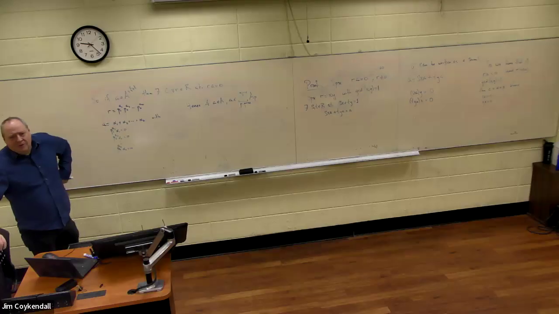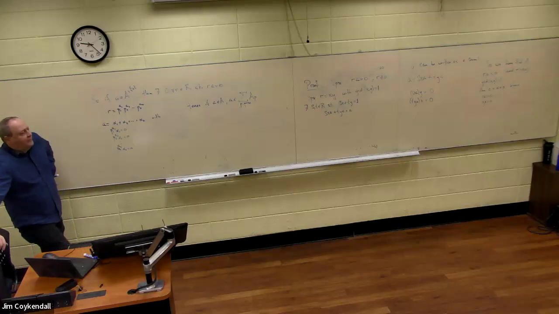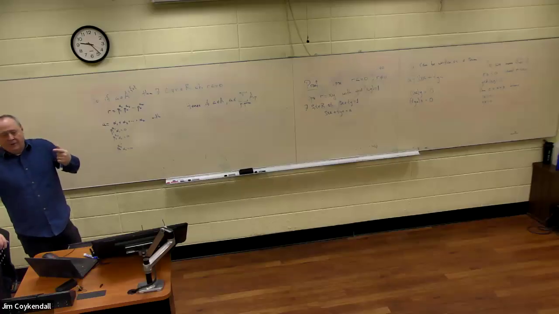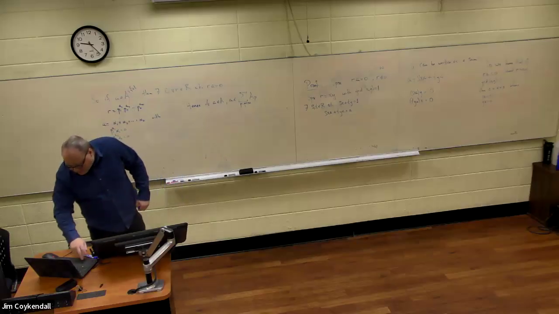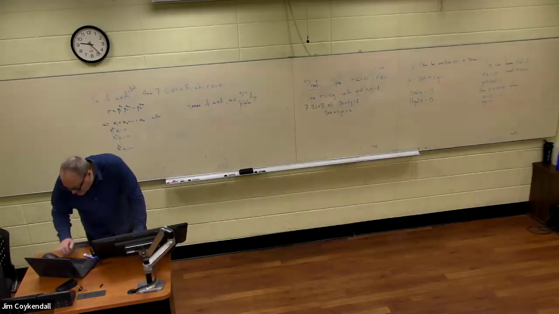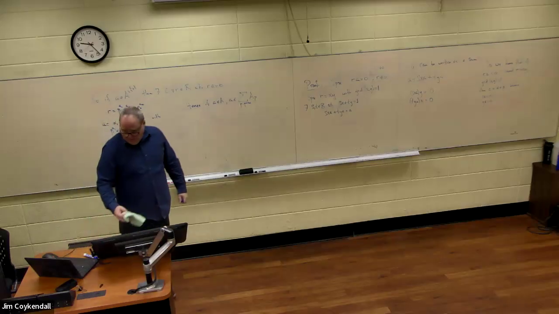The rest of this is easier. That is, if the module is finitely generated, then there are only finitely many primes that you need, because every element that's a generator is contained in finitely many. So just take the collection that contains all the generators and you're done there. Okay, any questions on that? All right, so everybody okay so far?